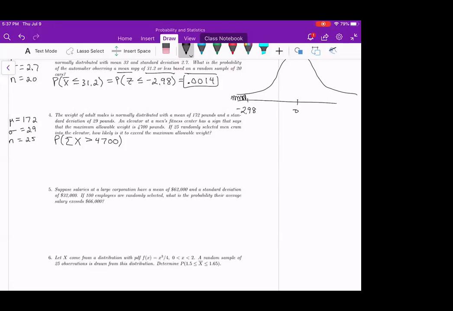So in order to convert this, we need to divide by the number of values that we added, which is 25 weights, which means that this probability is the same as the probability that X bar is greater than 4,700 divided by 25, which is 188.